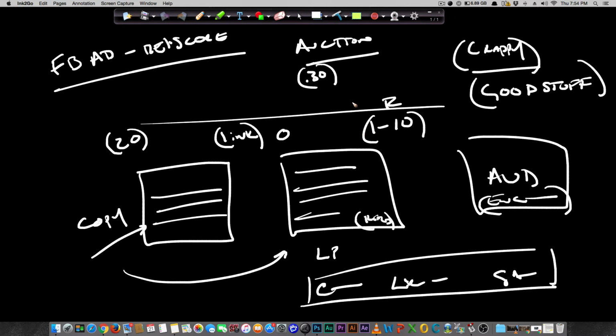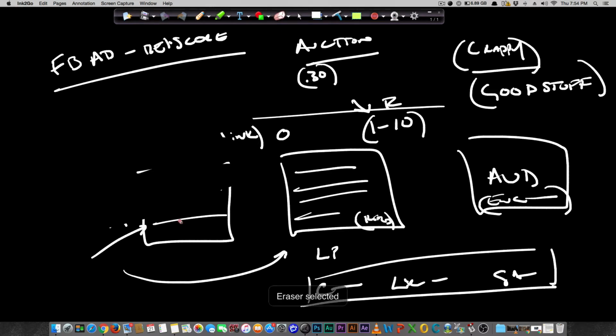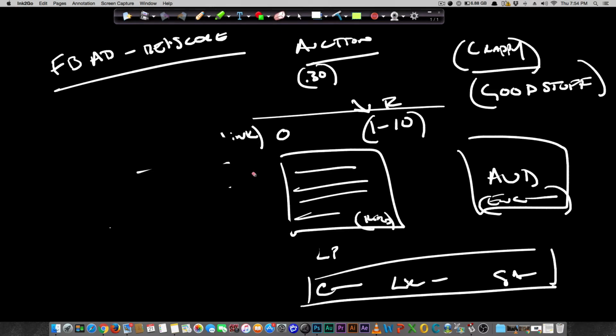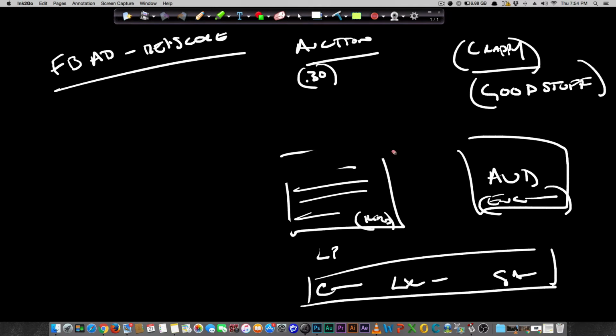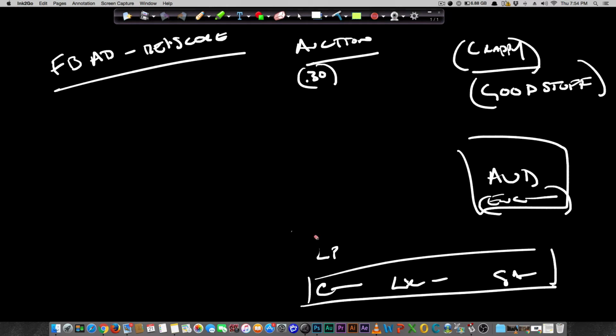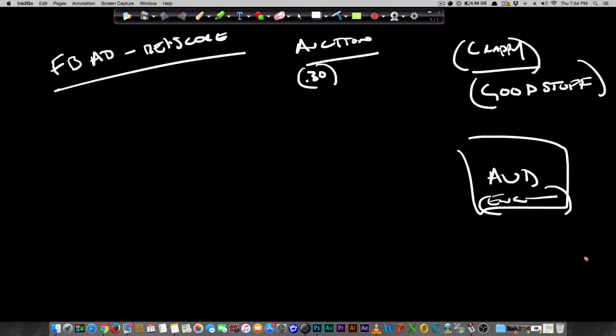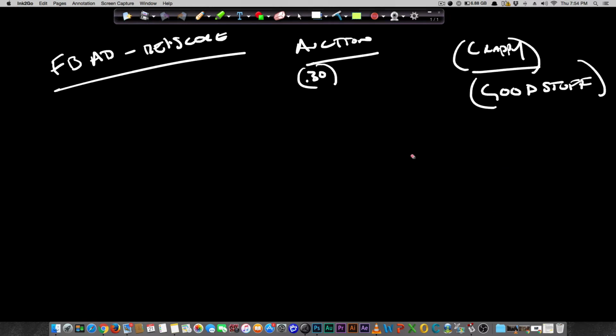Now, if you have a high relevancy score, Facebook is going to say, all right, we're going to let you win that auction because you're the most relevant. And they're going to give you a reward by giving you cheap ad cost because we want our users. Remember, Facebook is kind of like the Gestapo. We talked about this, right? Facebook is like, we want our users to have a good experience. We want them to be getting the most out of your ads.